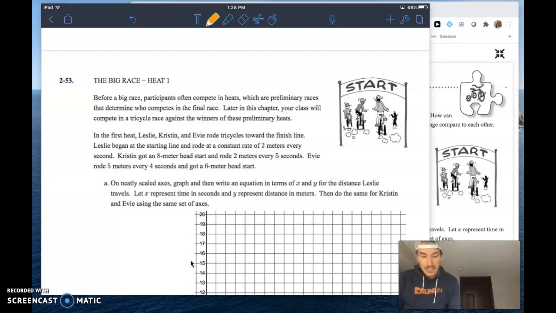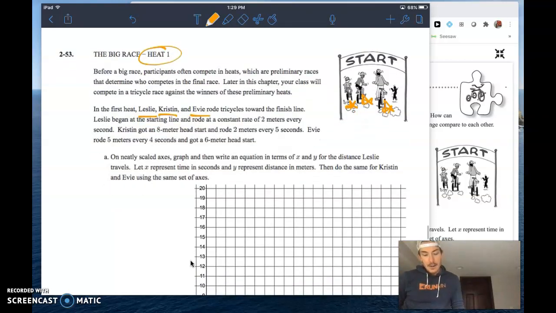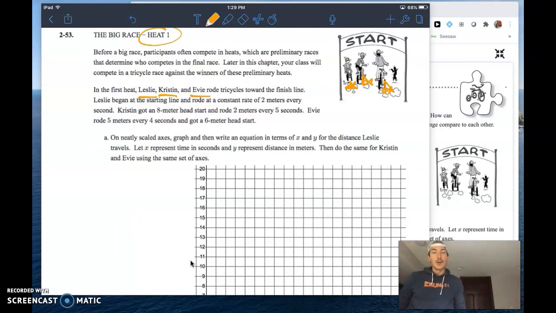We've got the first heat of several competitors racing against each other on tricycles. And in this heat, we've got Leslie, Kristen, and Evie, all starting at the same start line and riding trikes toward the finish line. And we've got some information here, and I'm going to try to document all this using some different colors. So it might be a good idea to have some colored pencils or pens, but let's see what we can get out of this.